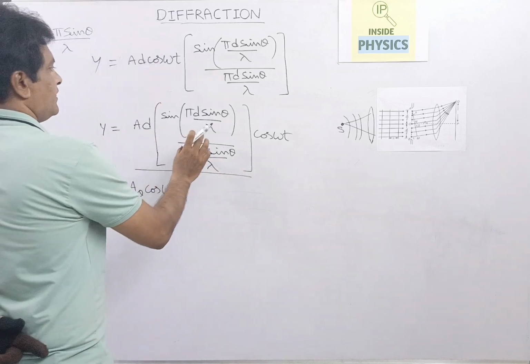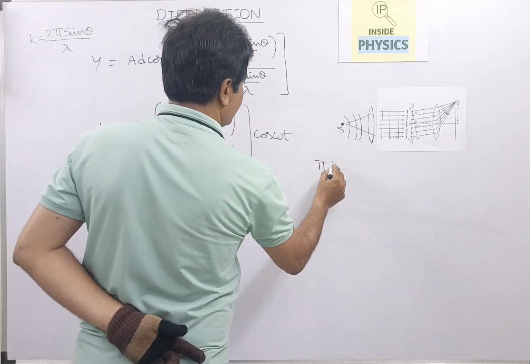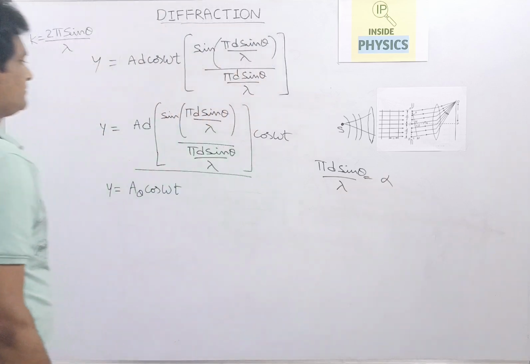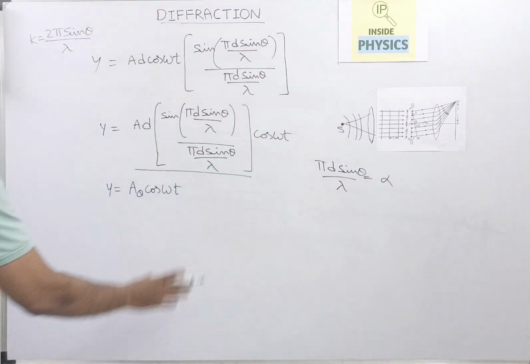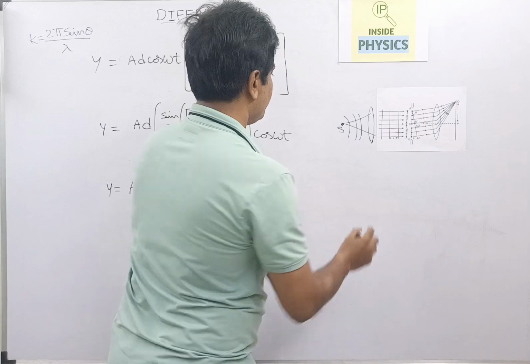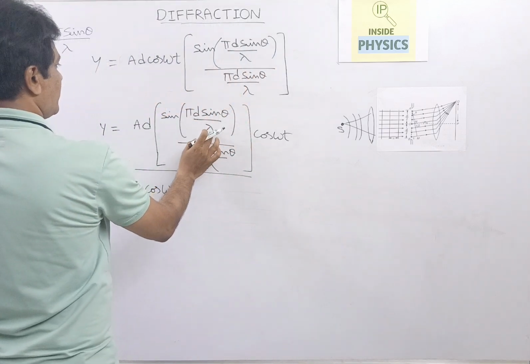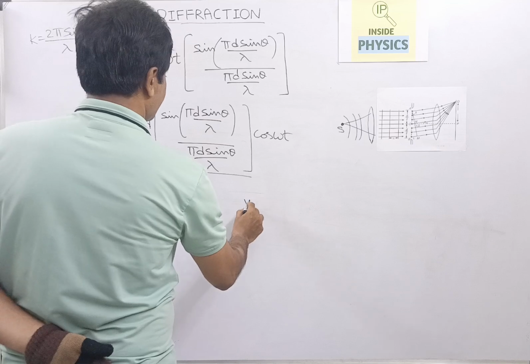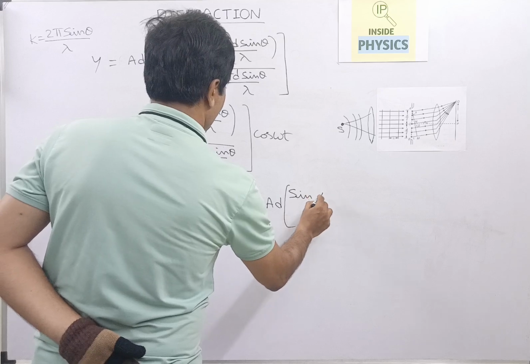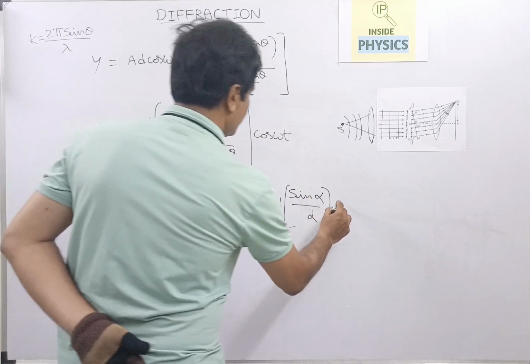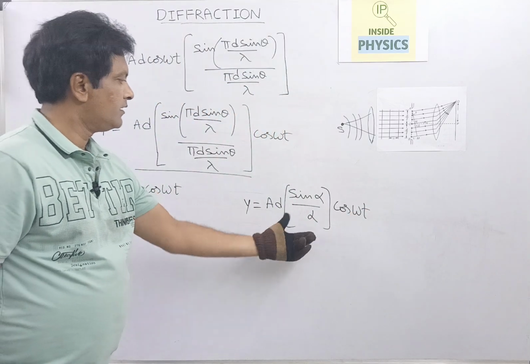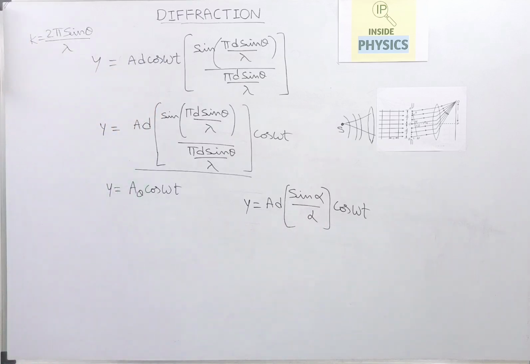If I consider pi d sin theta by lambda equal to alpha, then this whole term can be written as AD into sin alpha by alpha into cos omega t, where a theta can be represented by AD sin alpha by alpha.